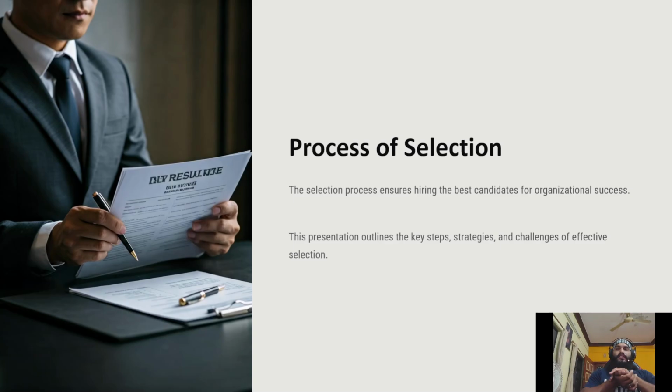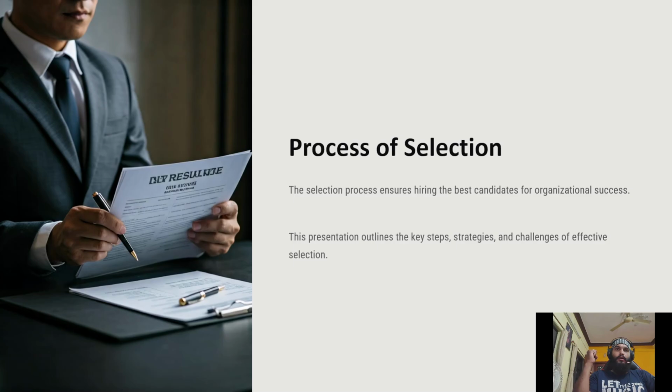Today, I am going to present on the topic of the process of selection done by HRs in an organization, and this is the topic of my subject called HRM, which is taught by our Madam Ruhi ma'am. The process of selection is just selecting the best possible candidates or applicants we have recruited from.